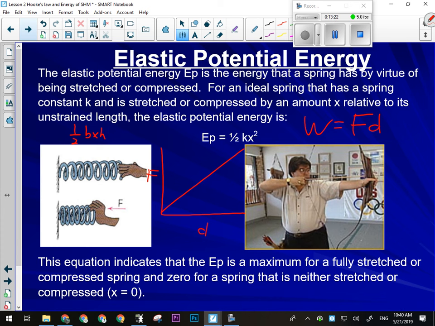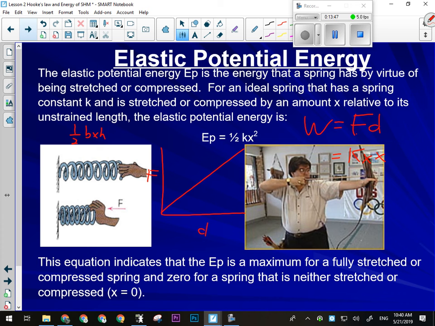So what we're doing here is taking the force, which is Hooke's law, the force in the spring, so it would be k times x, and we're multiplying it by x again, right? The distance is this.